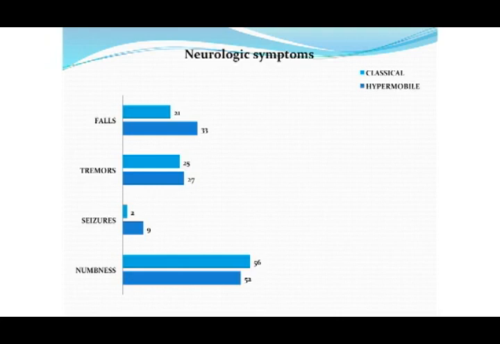Tremors in about 25%. The seizures are an interesting issue because many times people present with what look like epileptic seizures, but their EEGs are completely normal, and so they get diagnosed as pseudo-seizures or non-epileptic seizures.